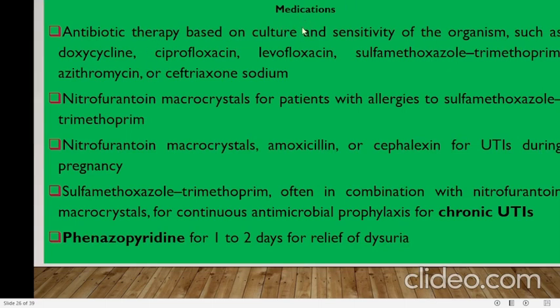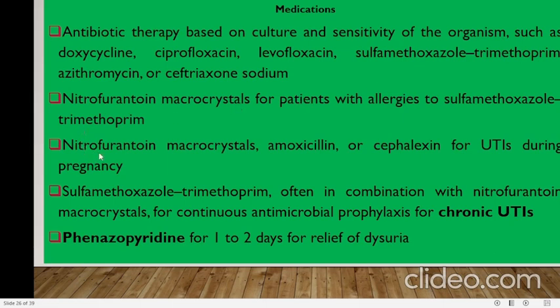Treatment of UTI medications. We have antibiotic therapy based on culture and sensitivity of the organism, such as doxycycline, ciprofloxacin, levofloxacin, sulfamethoxazole trimethoprim, this is Septrin, okay, azithromycin, and ceftriaxone sodium. Nitrofurantoin microcrystals for patients with allergies to Septrin, okay.